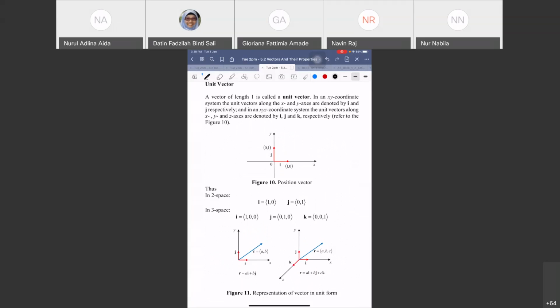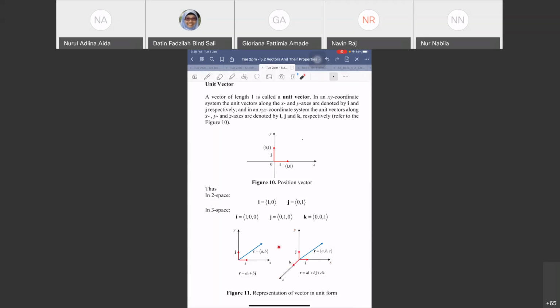This is also a normal type of vector representation, using the i, j, k, if you remember. Basically the i, j, k form is a unit vector in the direction of positive x-axis, positive y-axis, positive z-axis.